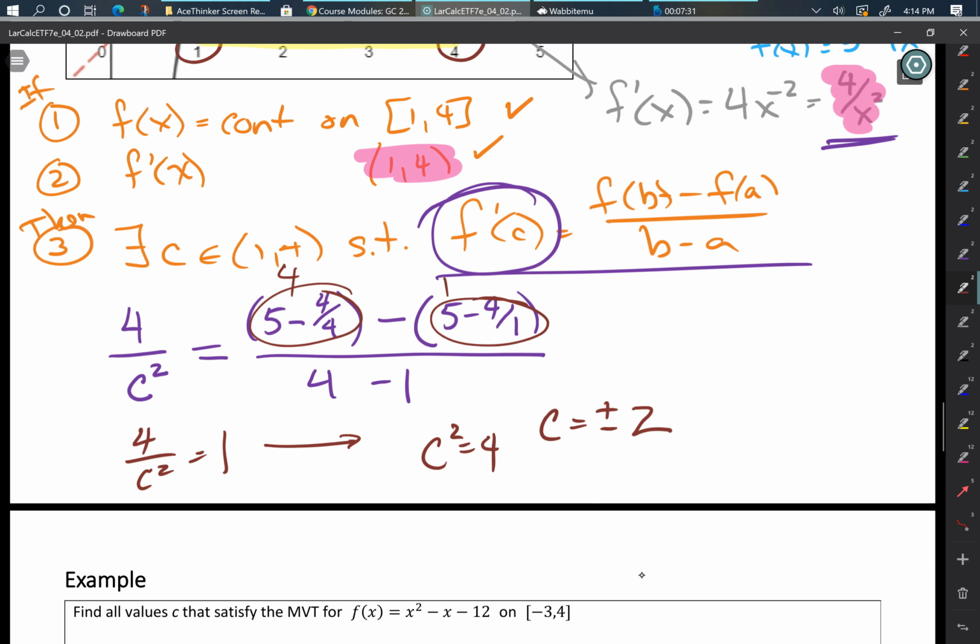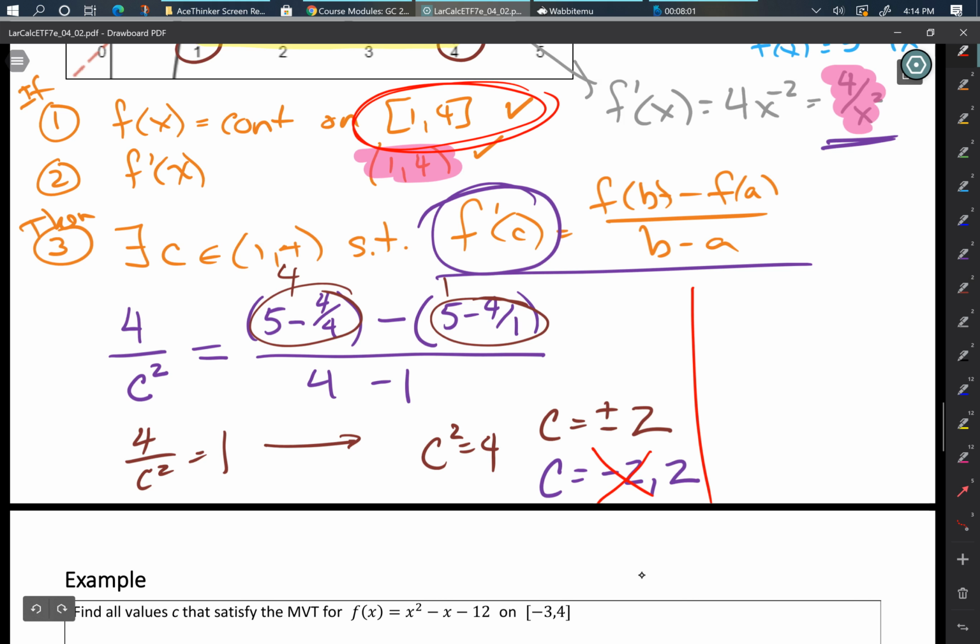Now this is kind of what we talked about in Rolle's theorem. Sometimes the algebra is going to give you answers that aren't answers. Technically, this just gave me 2 answers: c could be negative 2 or c could be positive 2. But I'm going to ignore negative 2, because the interval we care about is 1 to 4, and negative 2 is not in that interval.